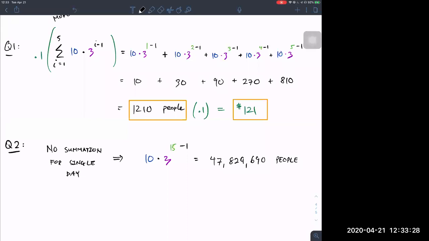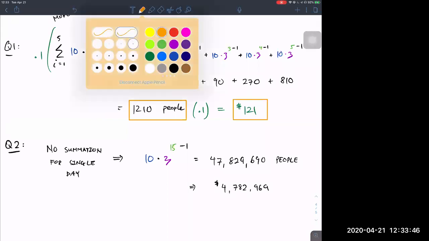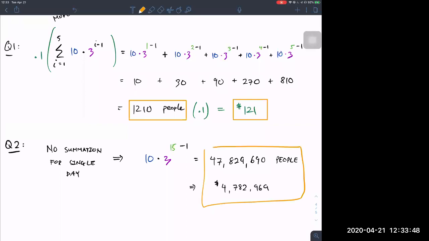And then that means that you made $4,782,969. I wish, right? So you can see it's multiplying by 10 cents or 0.1. The decimal point just moves over. So these are your two answers right here. Okay, so this is question 2.